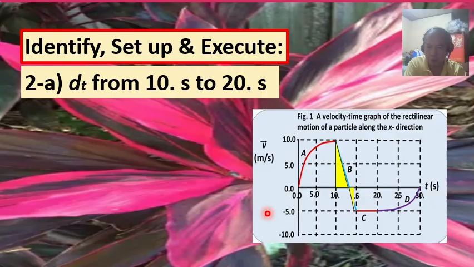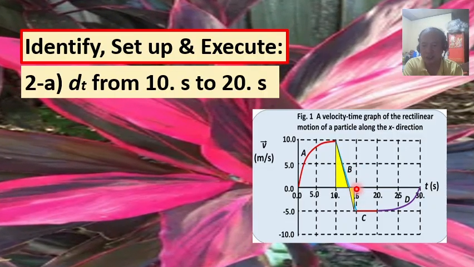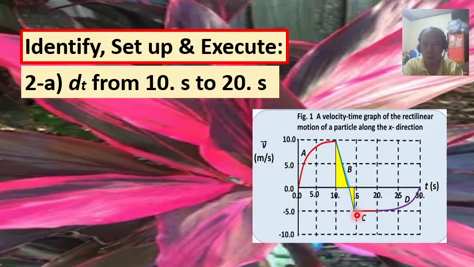For graph line B, the area that it bounds with the time axis is shaded yellow.